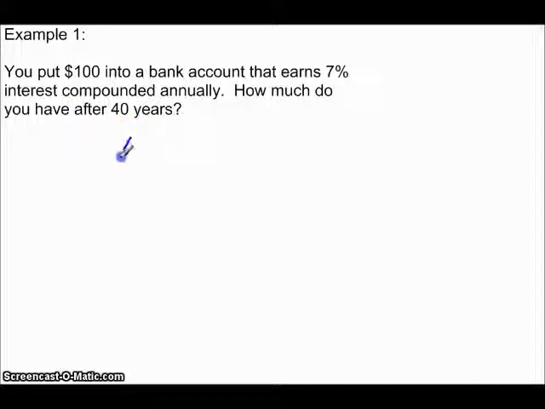So this is exponential growth because we're earning money. So we're going to use the formula here. A equals P times 1 plus R to the T. My final value is what we're trying to get. My initial value is 100.